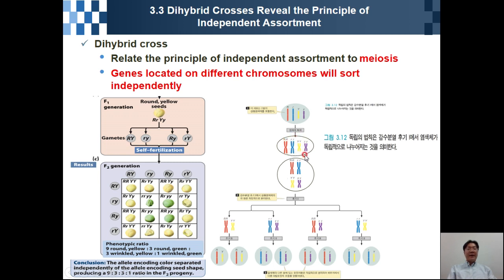During metaphase 1, each homologous pair is aligned together at the metaphase plate.